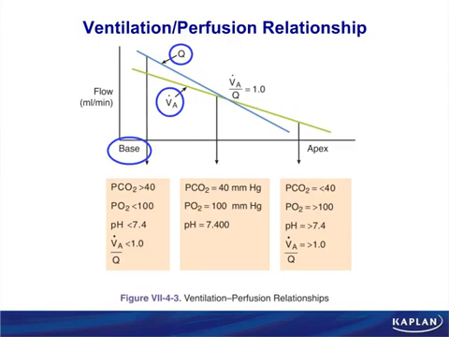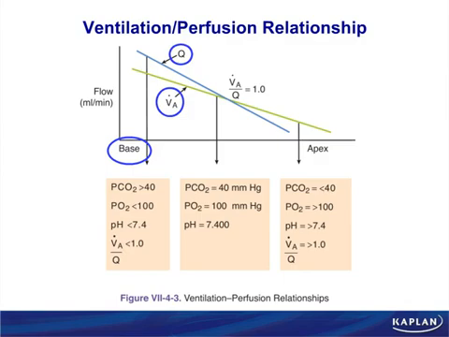The alveolar gases are ultimately determined by the VQ relationship. It is not the absolute amount of ventilation. It is not the absolute amount of blood flow. It is the relationship of ventilation to perfusion. That's what's ultimately going to determine the alveolar gases.